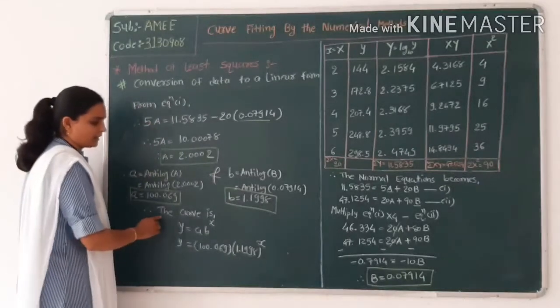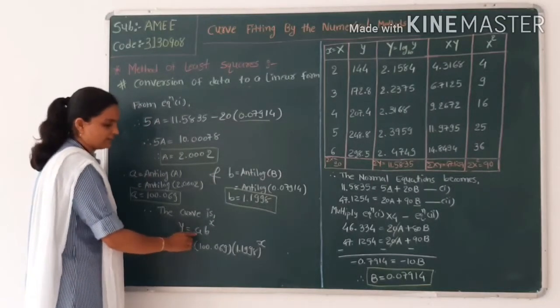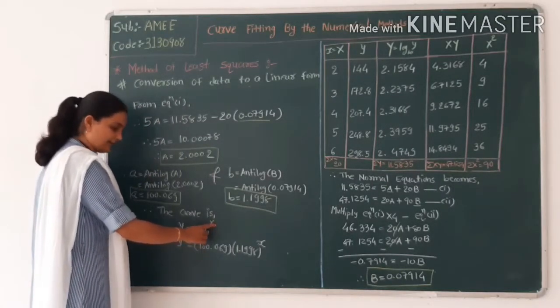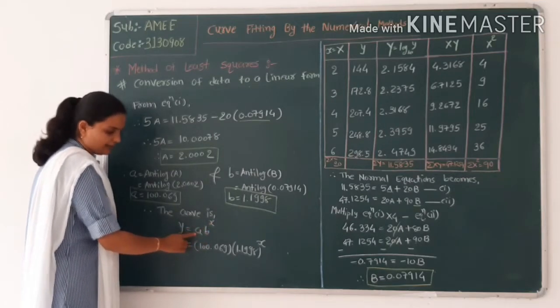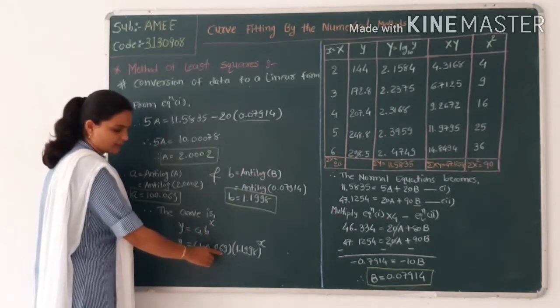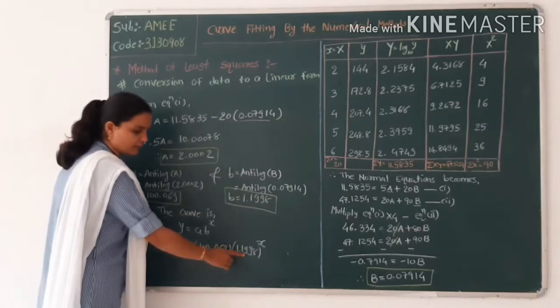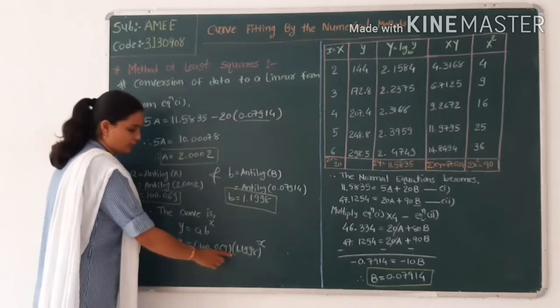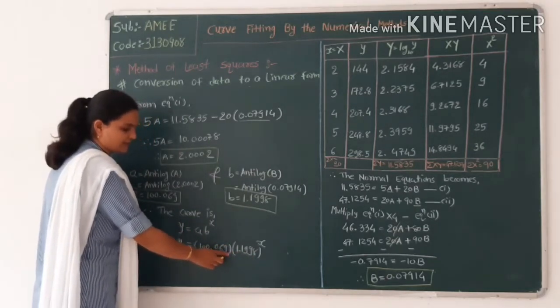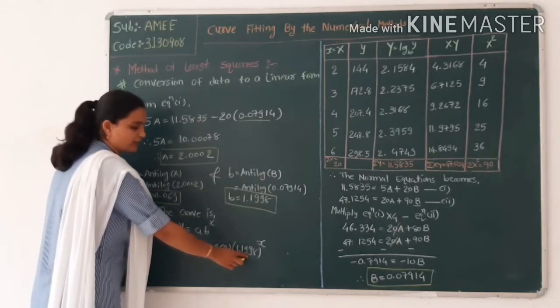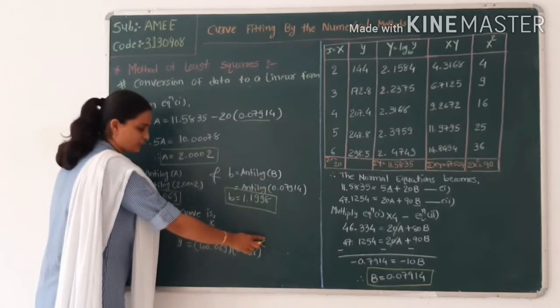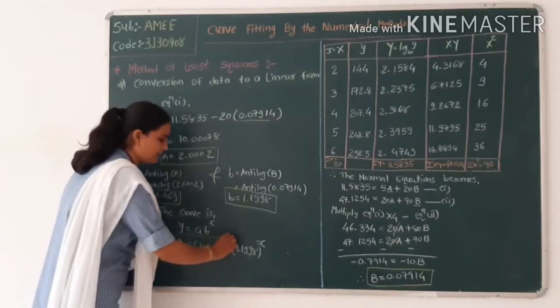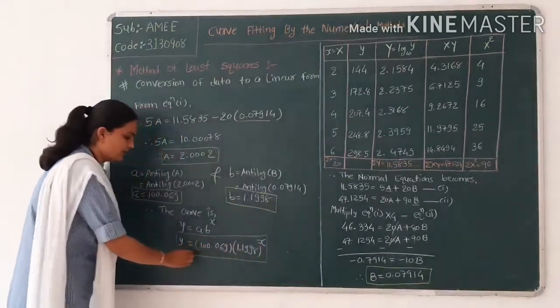Therefore the curve is y equals a b raised to x. Putting the values, a is 100.069 and b is 1.1998, so y equals 100.069 into 1.1998 raised to x. So our final curve is this one.